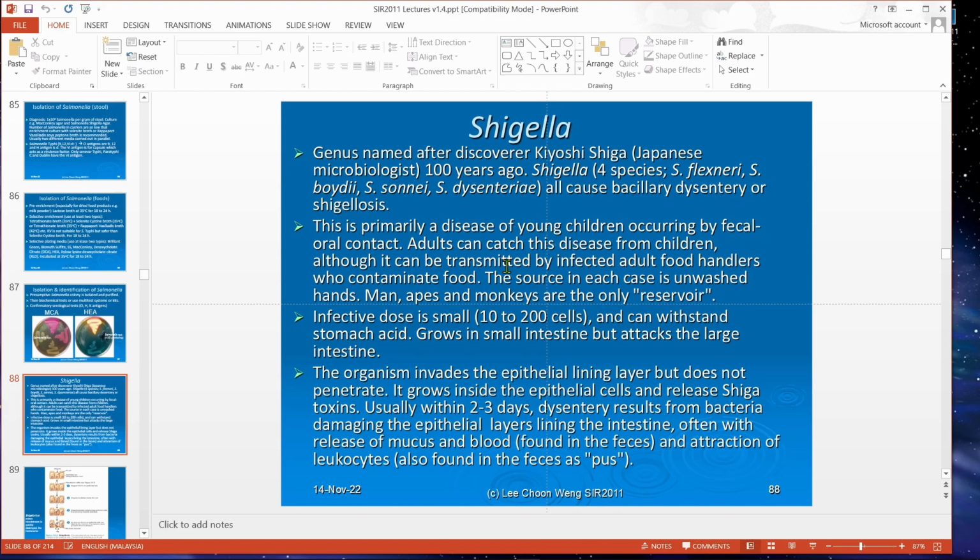Okay? So what is important here is the reservoir is only primates and men. Okay? The infective dose is very small. So when you ingest this, the bacteria can withstand the stomach acid, then it grows in the small intestines but attacks the large intestine.